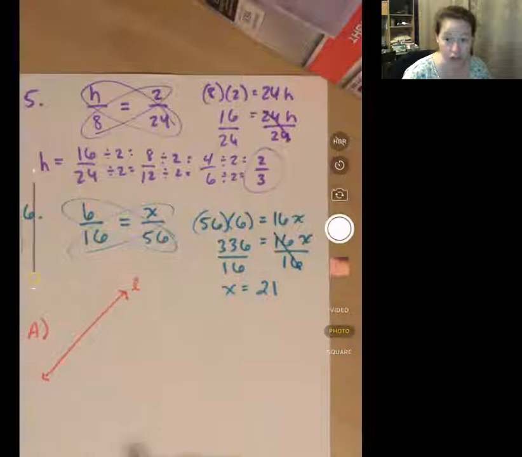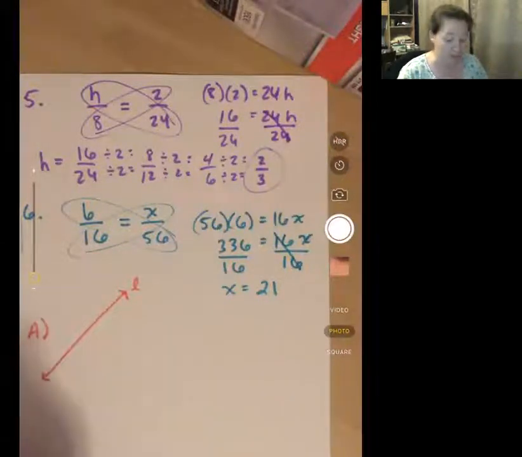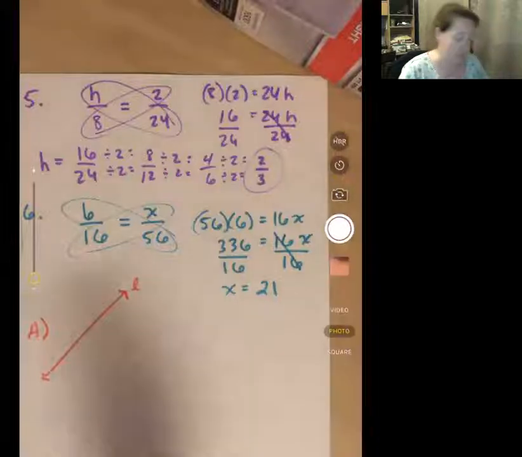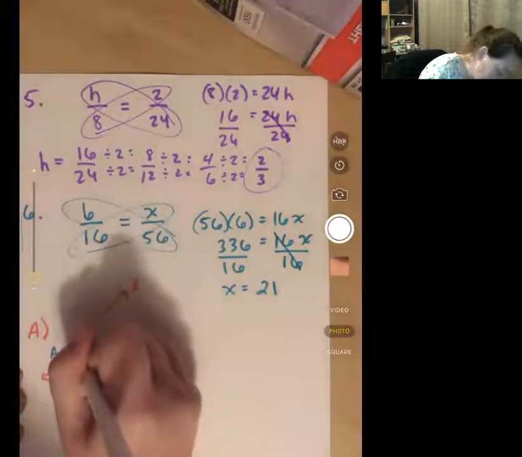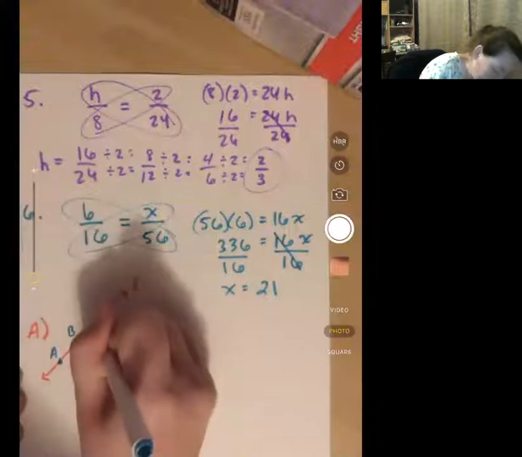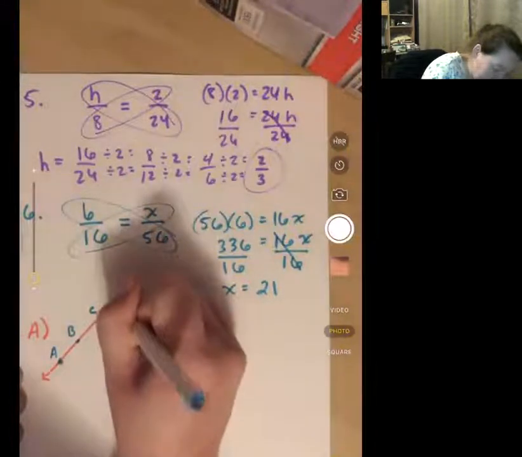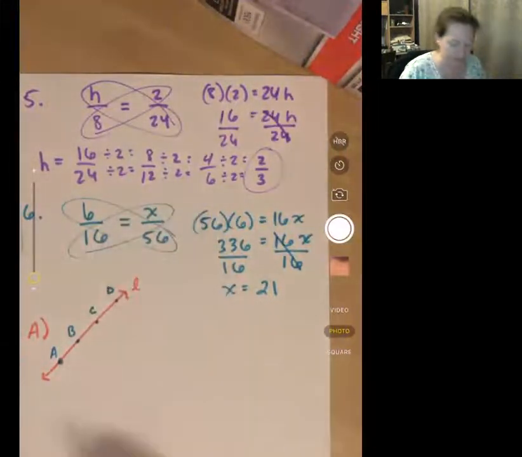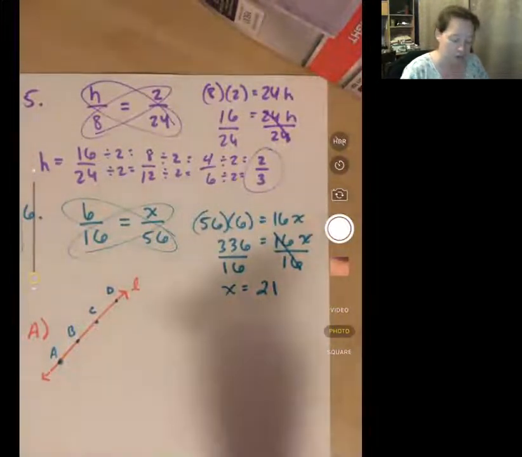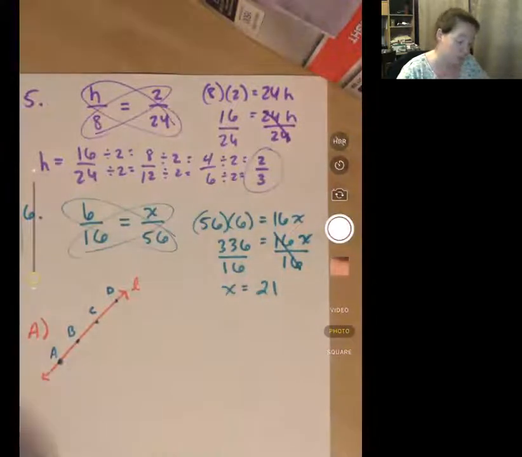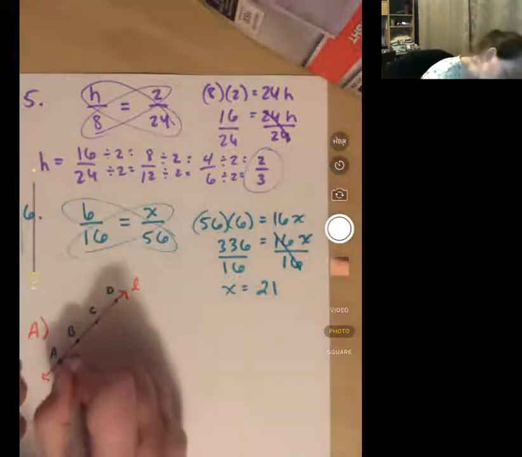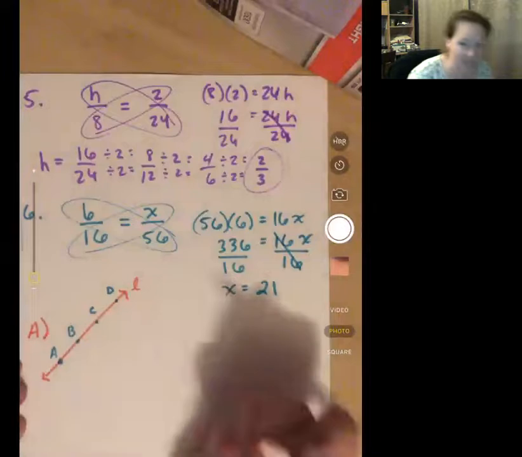Inside the box, you need to draw a line. Now, on this line, you need to put points. I'm going to put point A, point B, point C, and point D. Okay, so I have 4 points on this line. For each of these set of 2 points, I need to draw both the rise and the run.